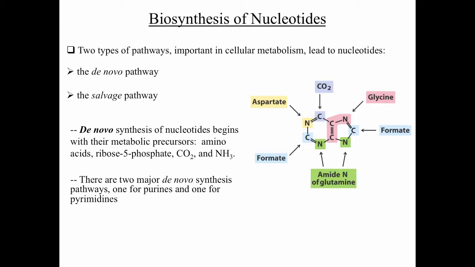And again, the mechanisms for making purines and pyrimidines through de novo synthesis pathways are going to be distinct. The salvage pathway is going to essentially be taking some of these bases and recycling them.